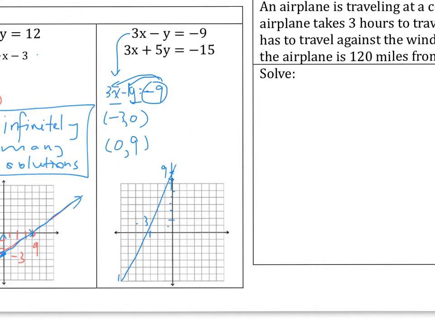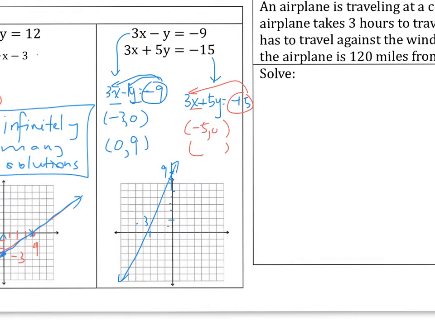Okay, and for this one, 3x plus 5y equal to negative 15. Negative 15 divided by positive 3 gives me the x-intercept of negative 5, 0.